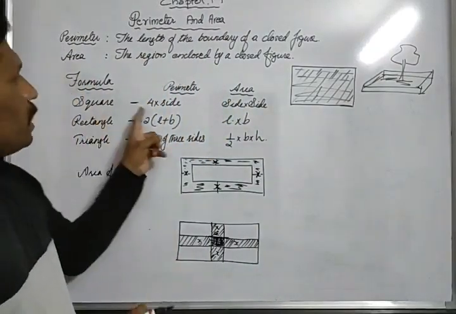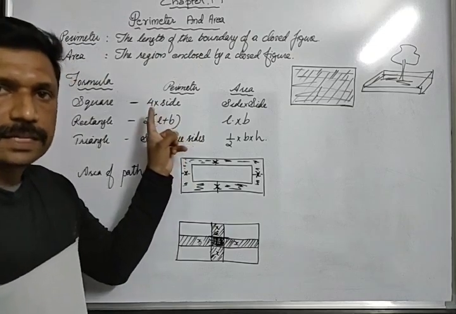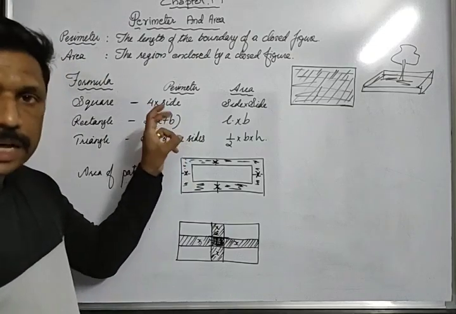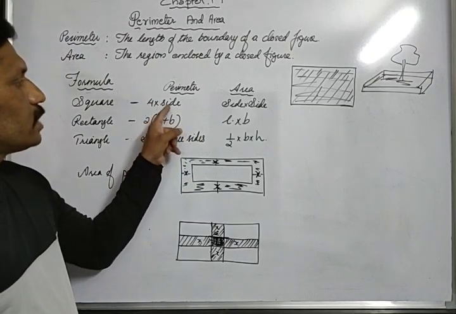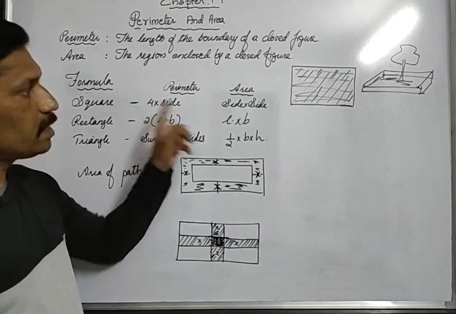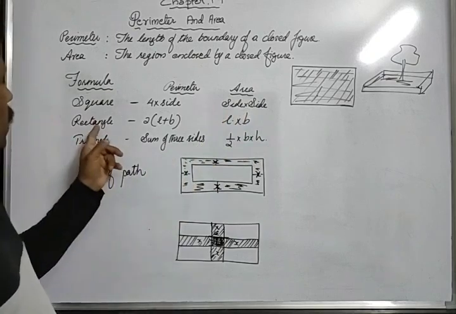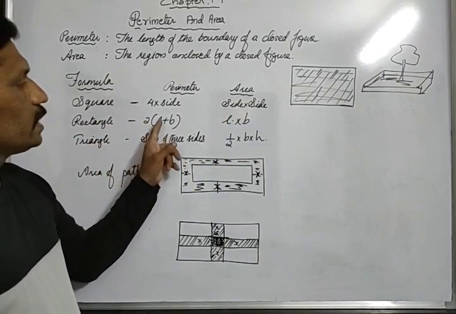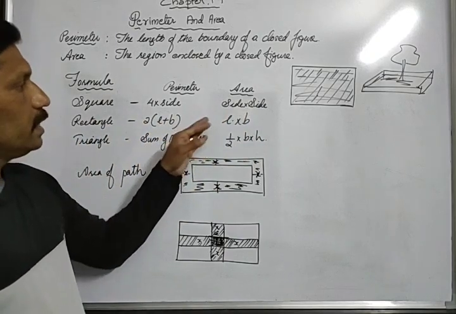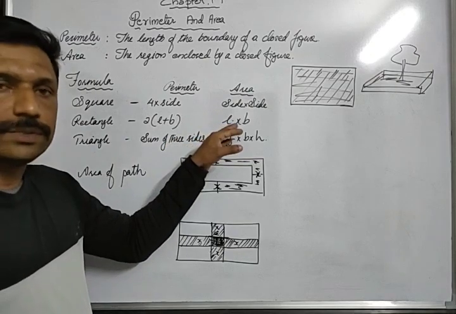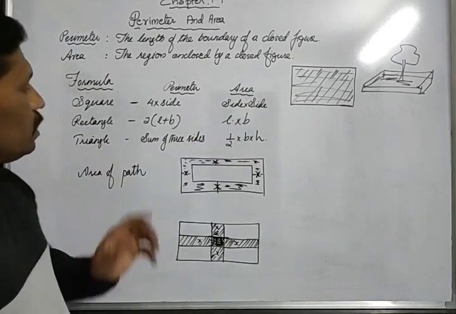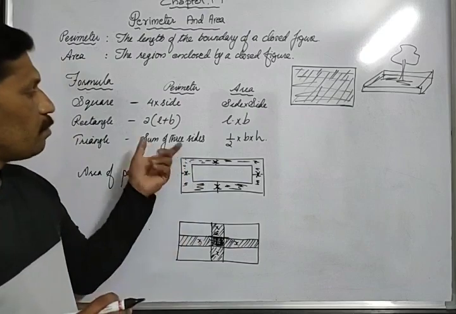So for the square perimeter, in a square 4 sides are there and all sides are equal, therefore we multiply that side with 4, then we get the perimeter, and area of the square is side into side. And rectangle perimeter is 2 into length plus breadth, and rectangle area is length into breadth. And triangle perimeter is the sum of 3 sides.